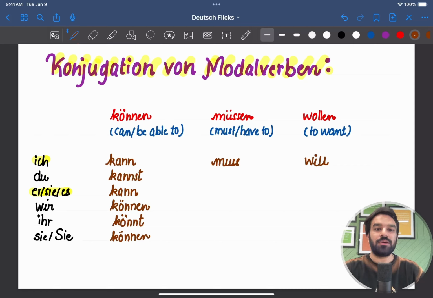English will we use to talk about the future, but German will we use for our wants and desires. So when you say ich will in German, it means I want. Now just look at the conjugation of können according to all the pronouns and try to write down the conjugation of müssen and wollen. Pause this video and then I'll show you the conjugation.